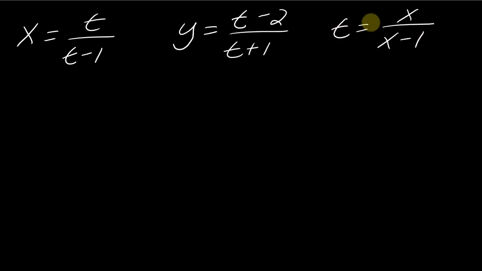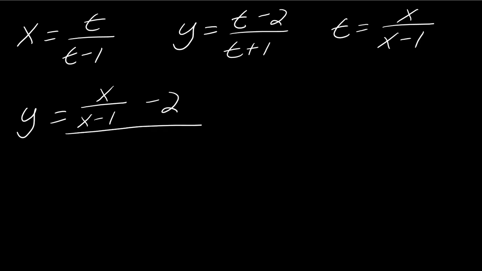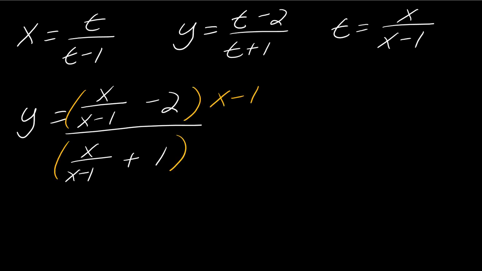So I've now got t is x over x minus 1, so now let's take that and put it into here. So this is going to be y equals x over x minus 1 minus 2, over x over x minus 1 plus 1. I need to turn this into something that is actually usable, so I'm going to multiply the top and bottom both by the same thing, x minus 1. In doing that, this first fraction, x over x minus 1 times x minus 1, will just leave me with x.